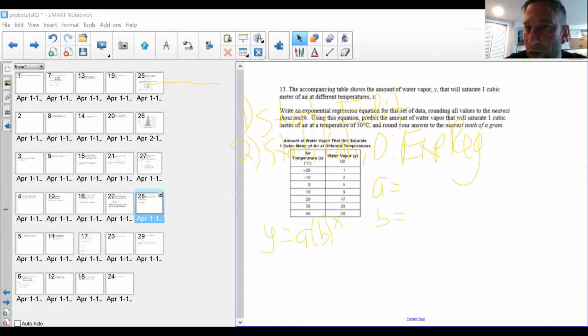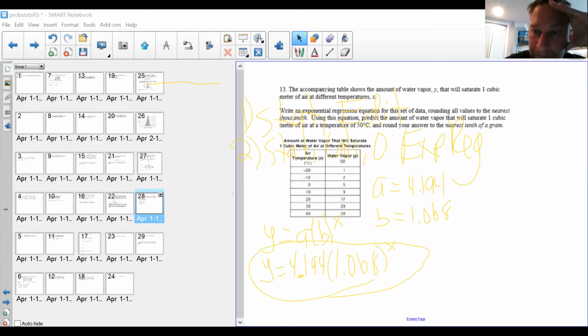So a is 4.194, b is 1.068. So it's y equals 4.194 times 1.068 to the power of x.